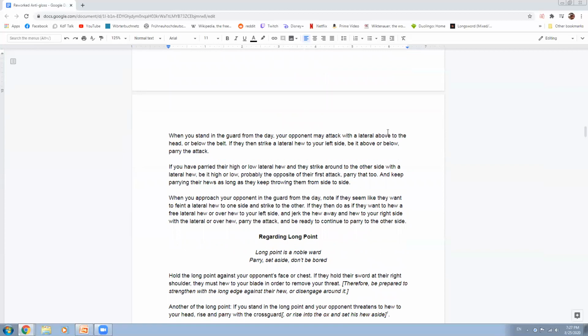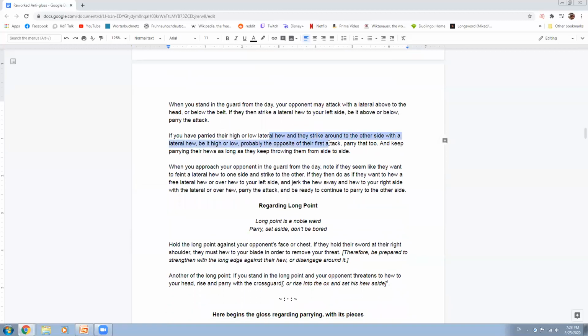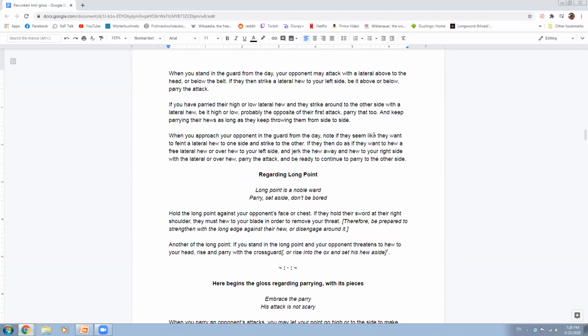So they can attack above or below, and then just parry all of them when he does high or low. If you've parried the high or low, the lateral hew, he'll attack to the other side, parry that too, and keep parrying as long as they keep throwing them from side to side. And that works against the Sphaericopter.